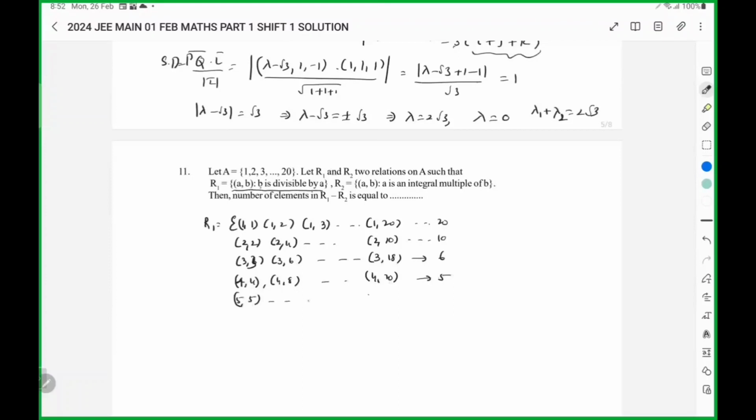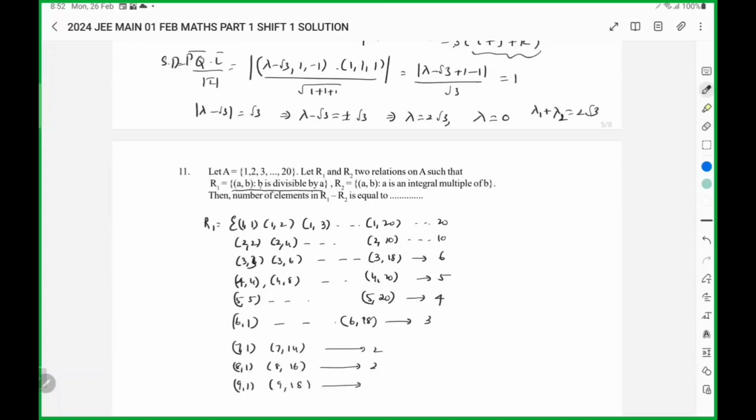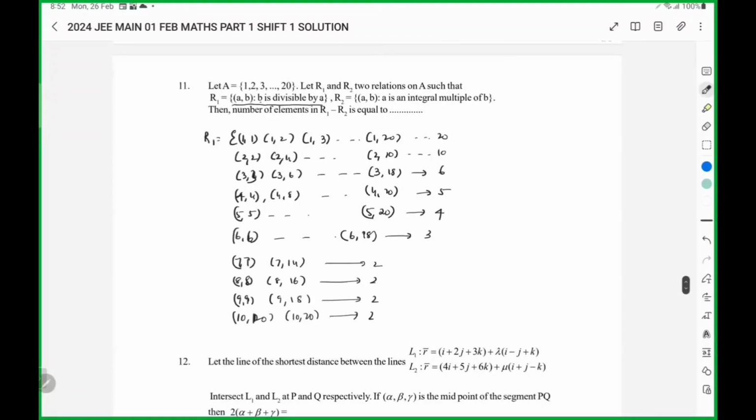If I take 5, 5, 20, you have 4 numbers. 6, 18. 7, you have 2 numbers. 8, if you take, 2 numbers. 9, 1. 10, 20, 10, 10, sorry, 6, 6. 10, 10, 10, 20. You have 2 numbers.